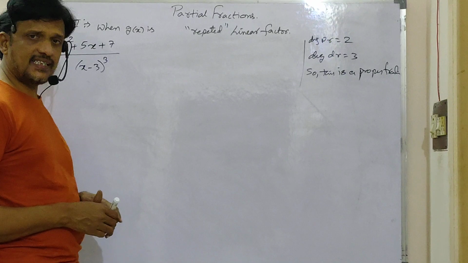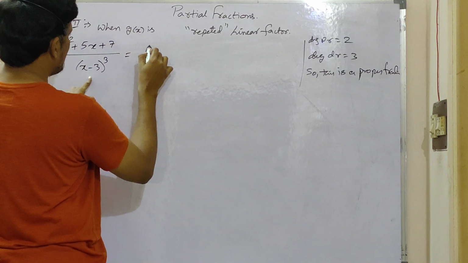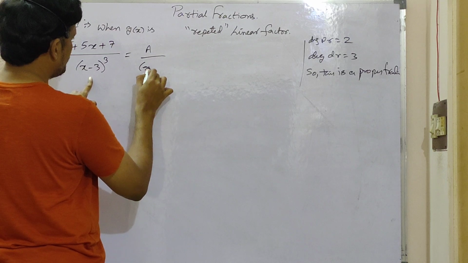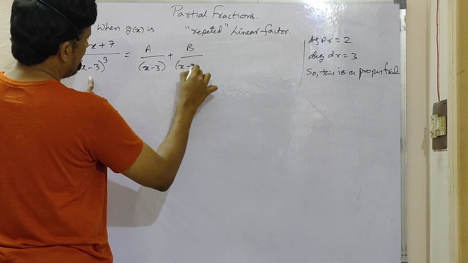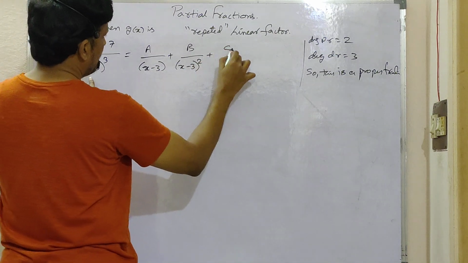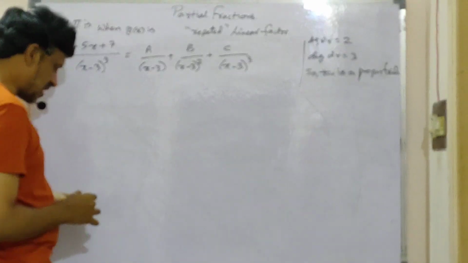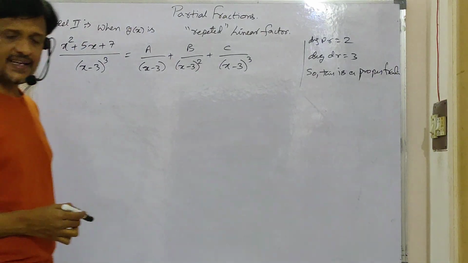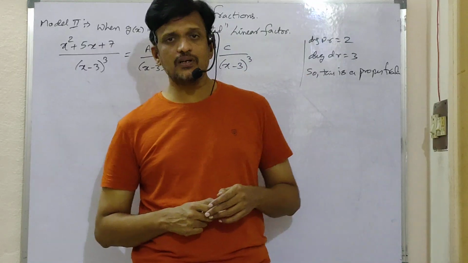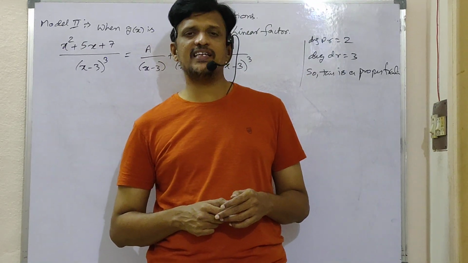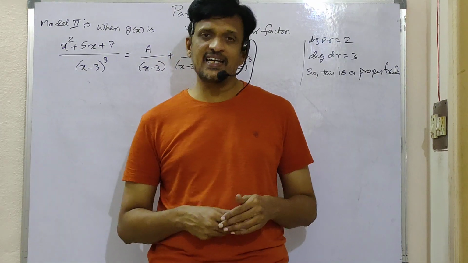Since the denominator is x minus 3 whole cube, you'll get partial fractions of the form a by x minus 3 plus b by x minus 3 whole square plus c by x minus 3 whole cube. In general, if (ax plus b) whole power n is the linear factor, it is repeated n times.